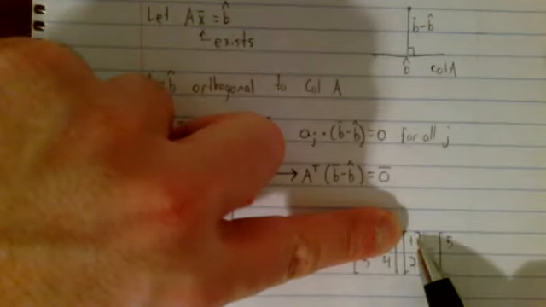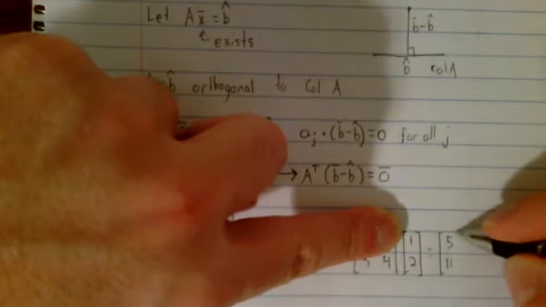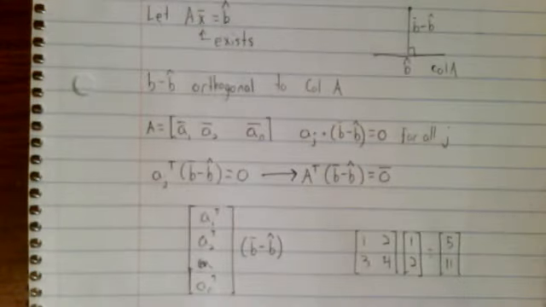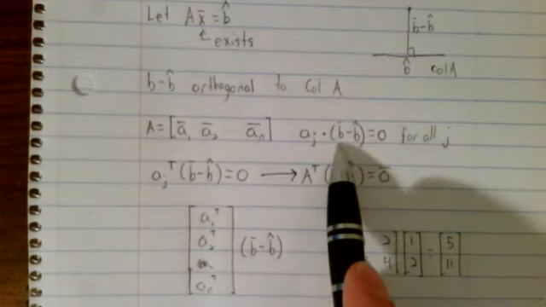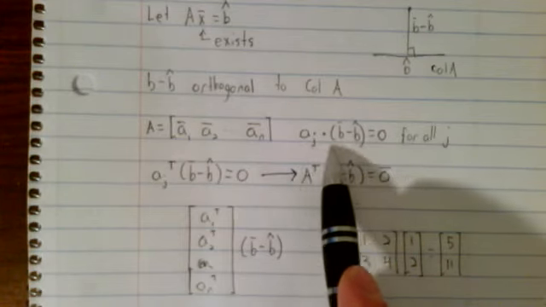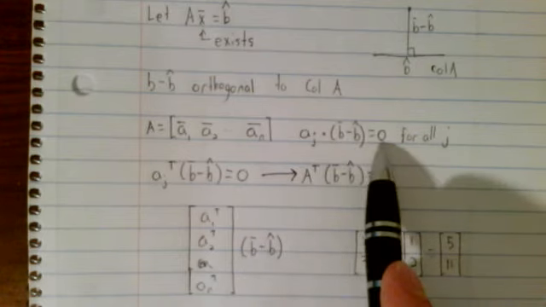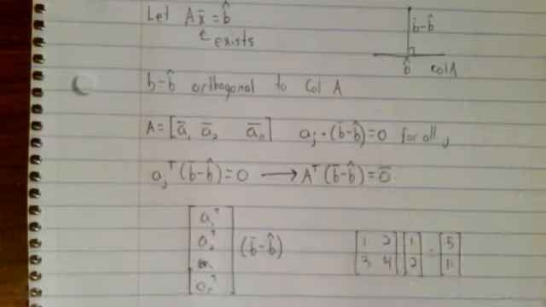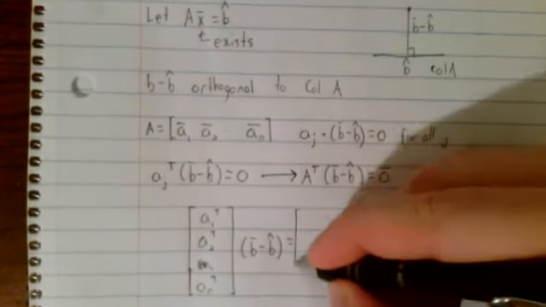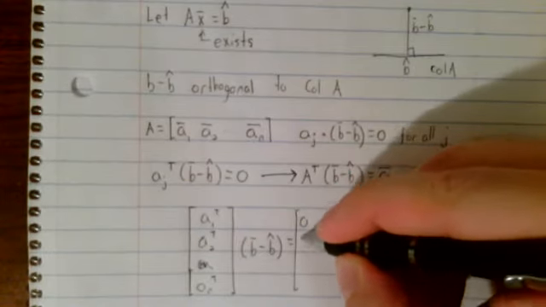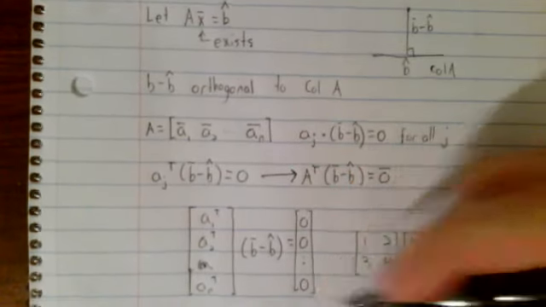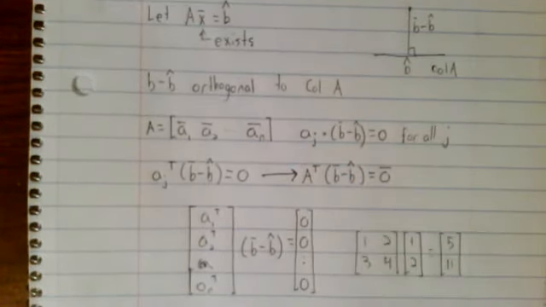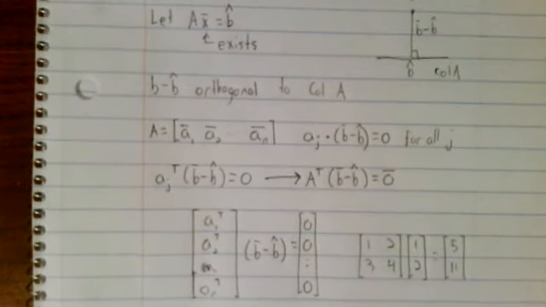Well, that is exactly this dot product. So this dot product is always equal to 0. So this is equal to 0.